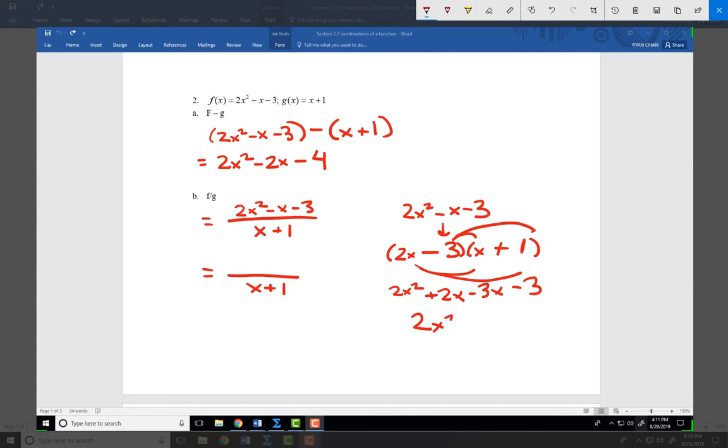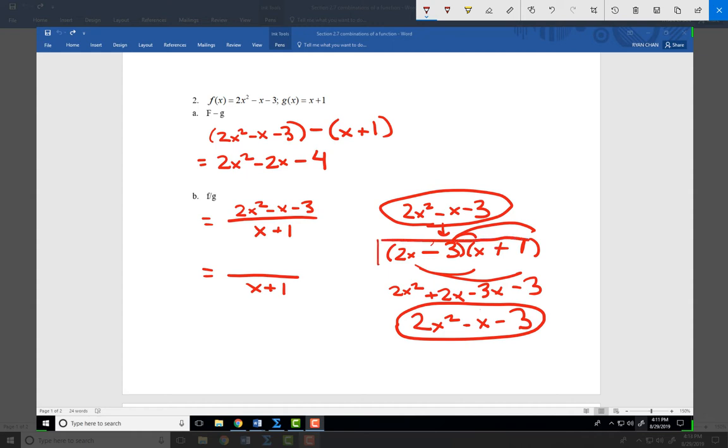Notice when I combine my middle terms, hopefully everyone sees this, I have the same exact result as what I had before. So if you multiply your factors, it should be your original problem. That is how you always know you have the correct answer. So here's my factored form. I have 2x minus 3 over x plus 1. So my x plus 1's cancel, and I'm left with 2x minus 3.